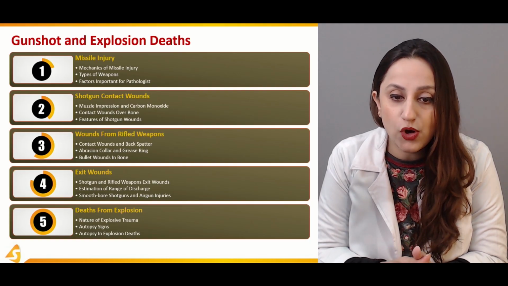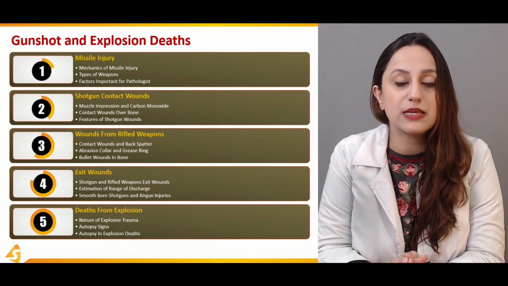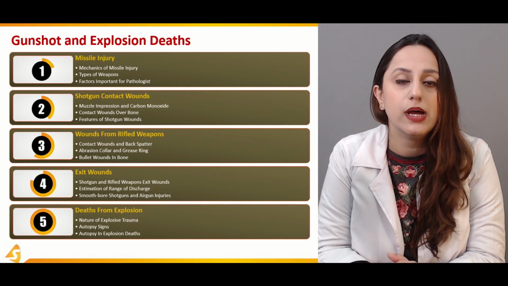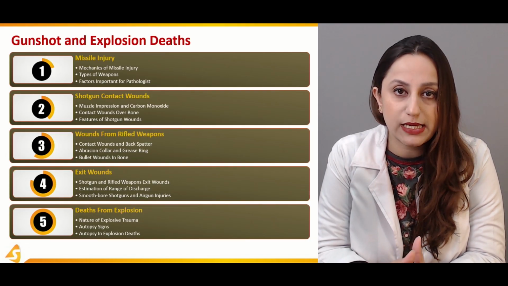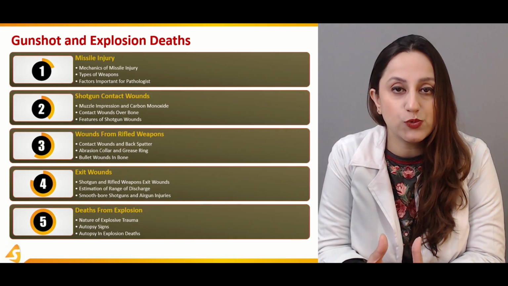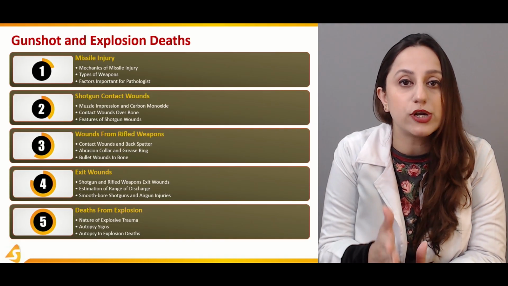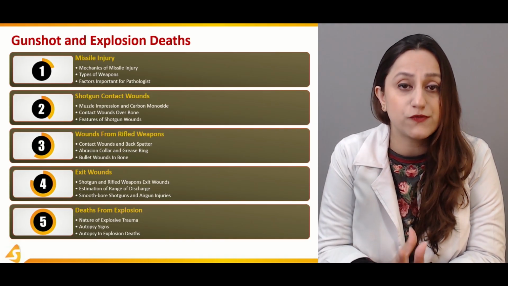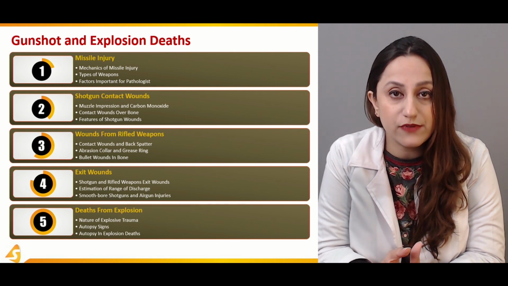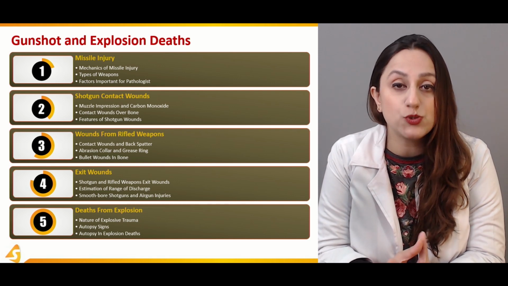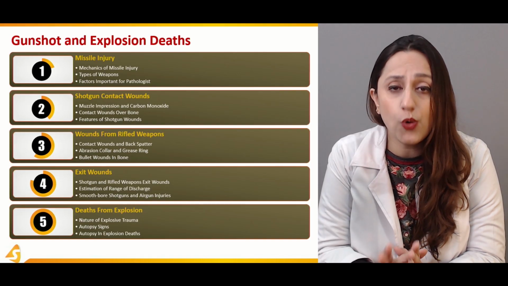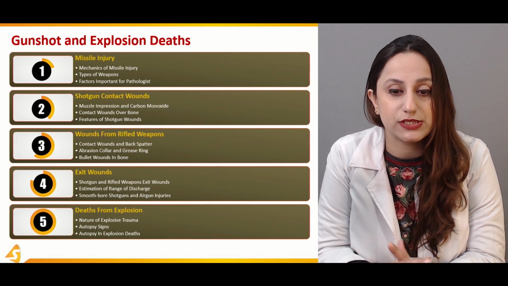The abrasion collar is another phenomenon. These are some of the terminologies relating to gunshot wounds. Whenever we are describing a wound, what are the characteristic terminologies and what do they mean? It's again very important. For example, the grease collar, and then we have the tattooing phenomenon. All of these will be discussed in this section.